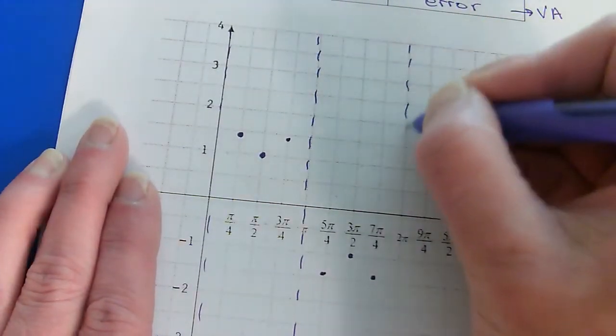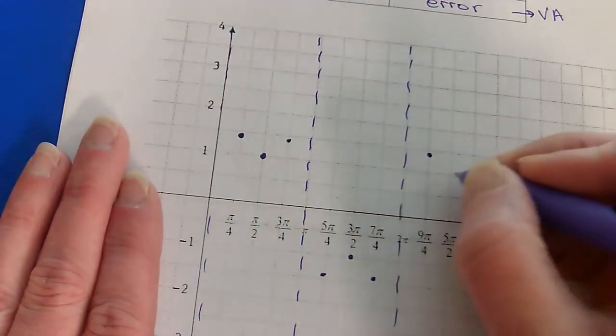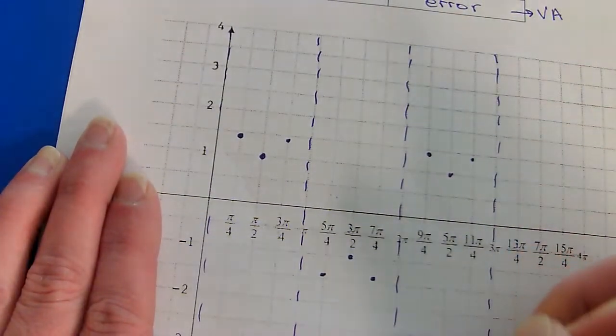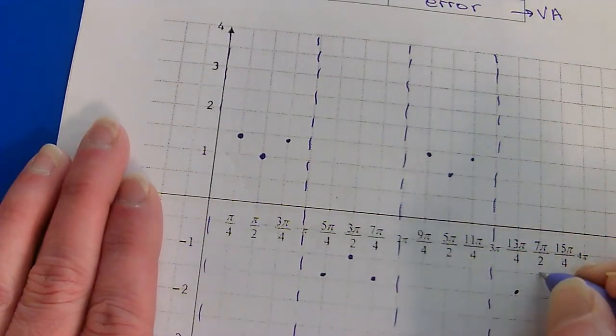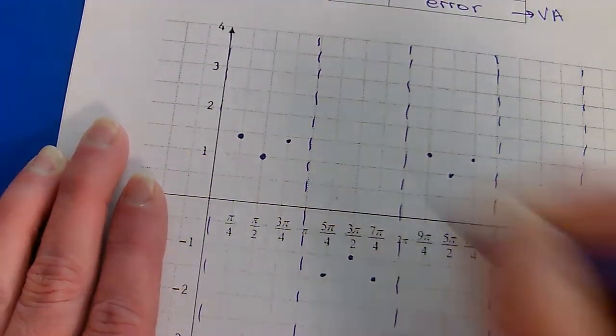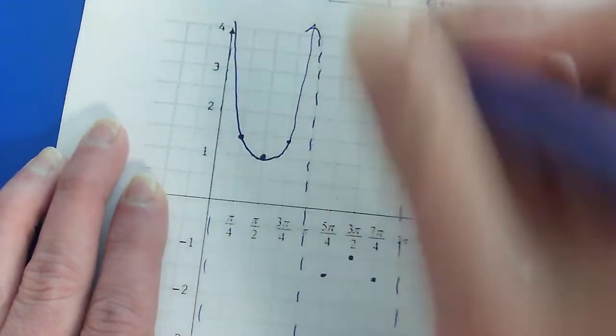Then a vertical asymptote. Then it switches back to positive. Then it goes back to negative. And so here are my little parabola thingies.